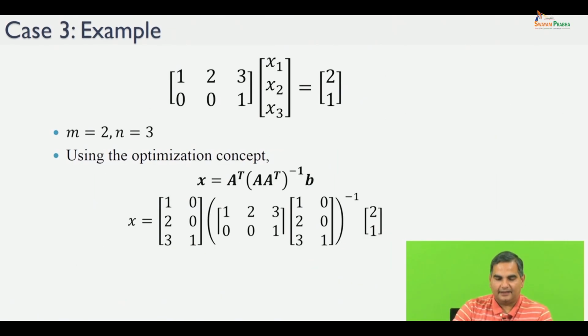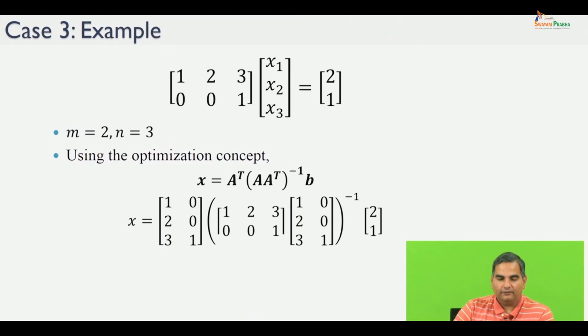Now let's take an example to understand this. I have an Ax equal to b here. I have A as [1 2 3; 0 0 1] and b as [2; 1]. Again notice here, since there are two equations, I have two rows, and since there are 3 variables, I have 3 columns, and these equations are read as x1 plus 2x2 plus 3x3 is 2 and x3 equals 1.